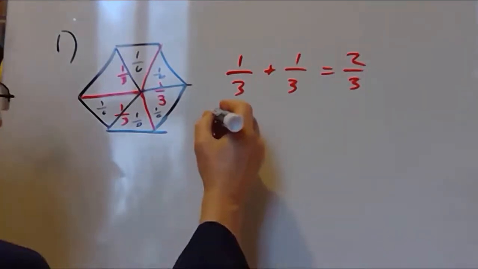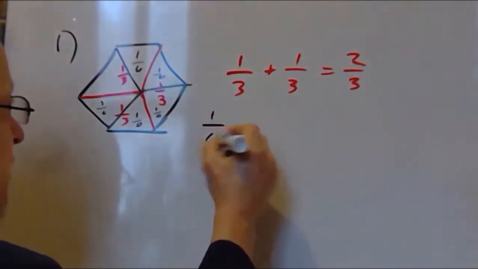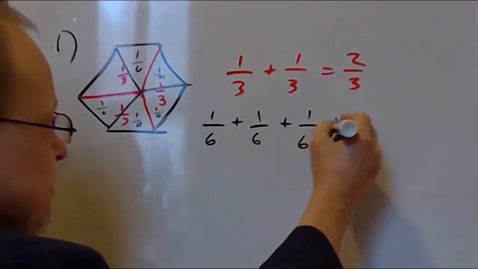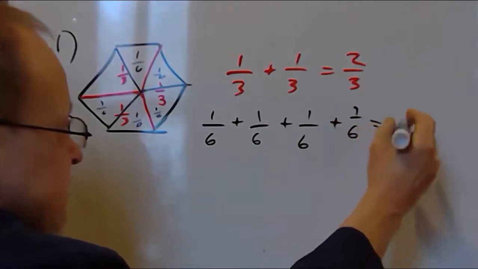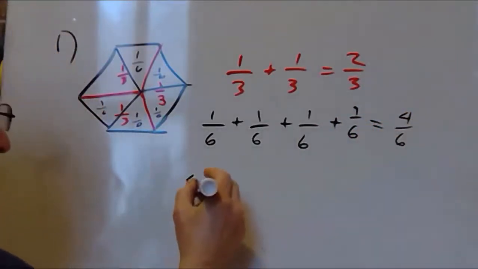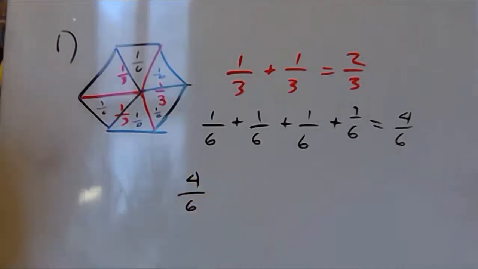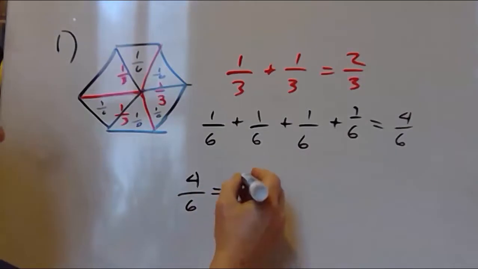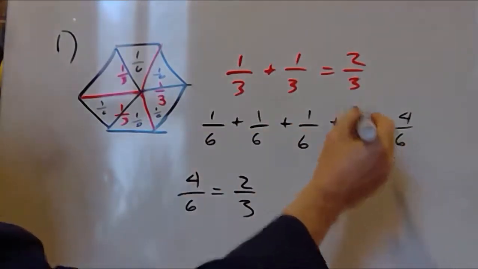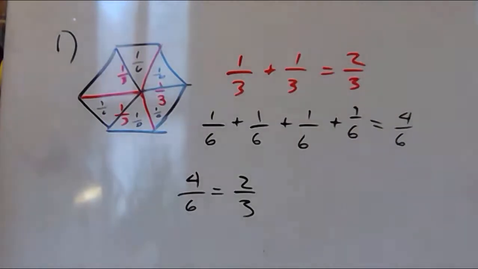So we have 1/6 plus 1/6 plus 1/6 plus 1/6, and that's equal to 4/6. But if we were to reduce 4/6, because we can divide the 4 and the 6 by 2, we end up with 2/3. So indeed, we could have 4/6 and 2/3, and that would be the answer to the question.